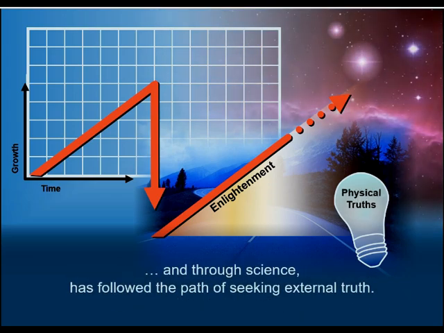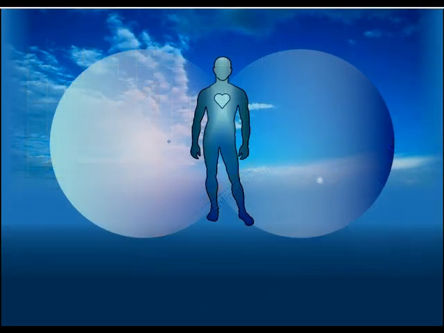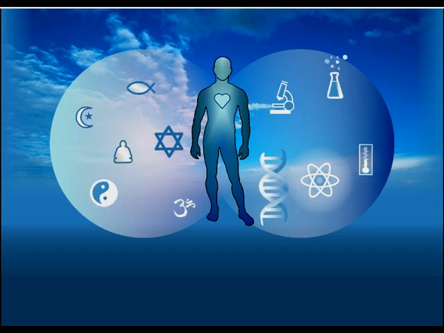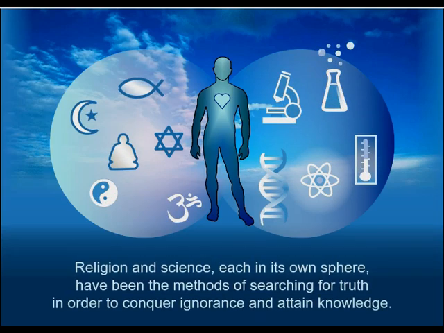And through science has followed the path of seeking external truth, physical truth. Religion and science, each in its own sphere, have been the methods of searching for truth in order to conquer ignorance and attain knowledge.